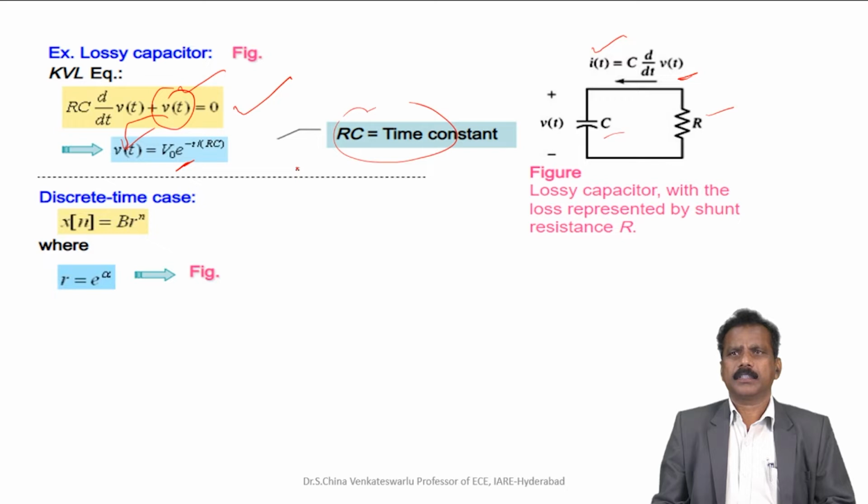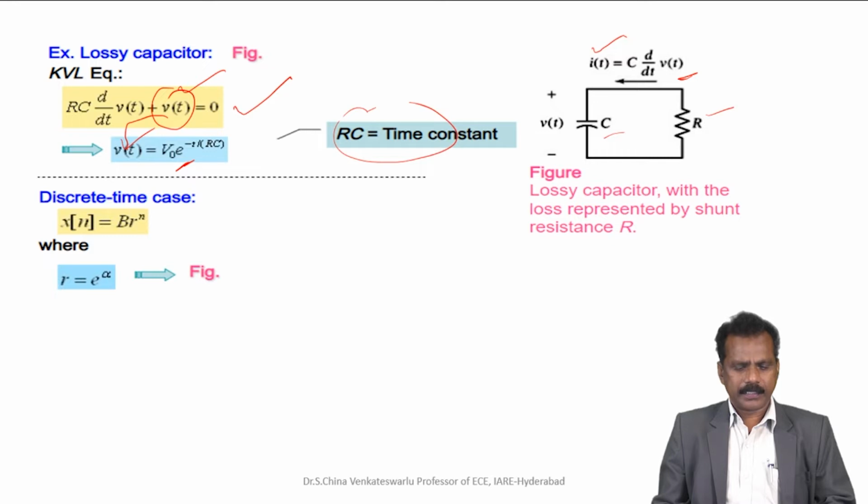This is the lossy capacitor with the loss represented by the shunt resistance R.